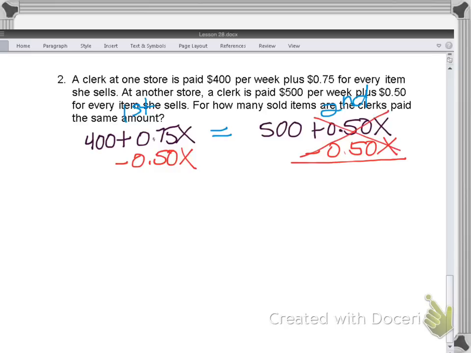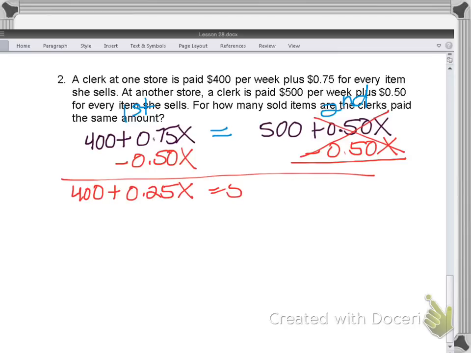It's going to cancel on the right. And on the left, I'll have 400 plus 0.25x equals 500. And then if I am going to isolate this term with the variable, I need to get rid of the 400, so I'm going to subtract 400.